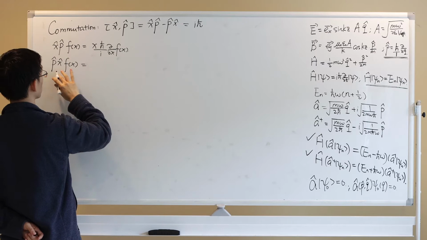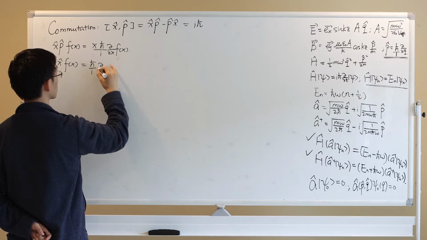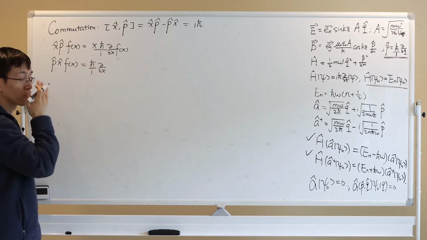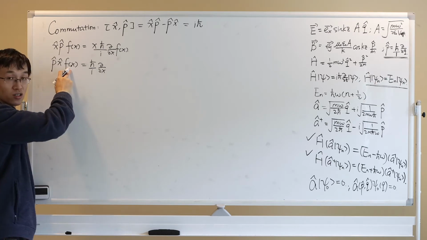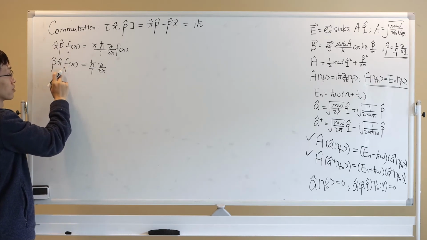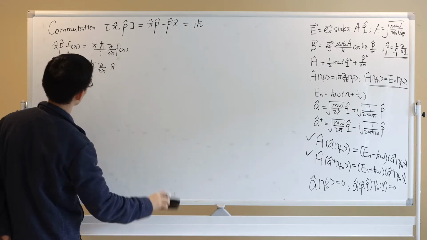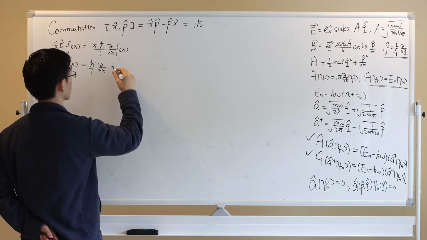Px acting on the function, then you have h bar over i, and then partial x. And notice that for any operator, it's always the one nearest to the function that acts on it first, right? So you first have x acting on f(x), or just multiply x to the function f(x).